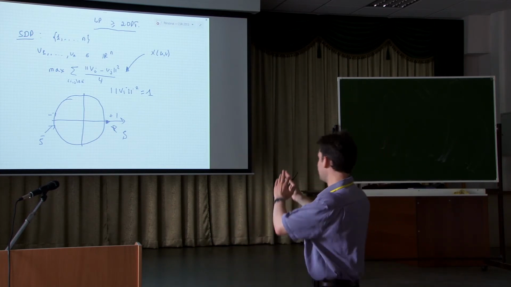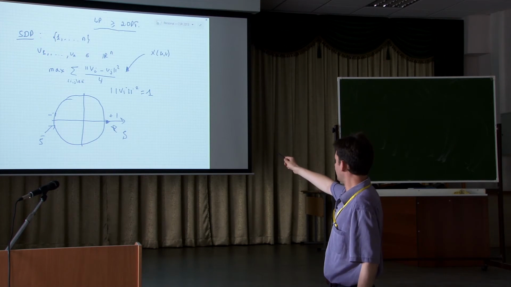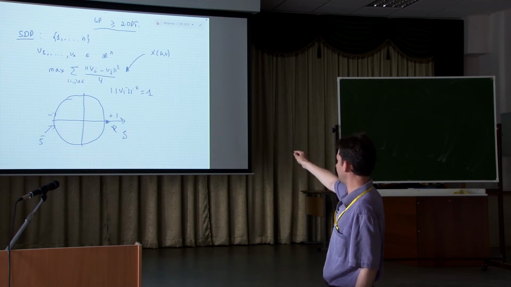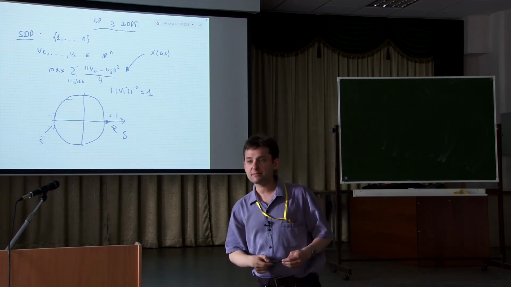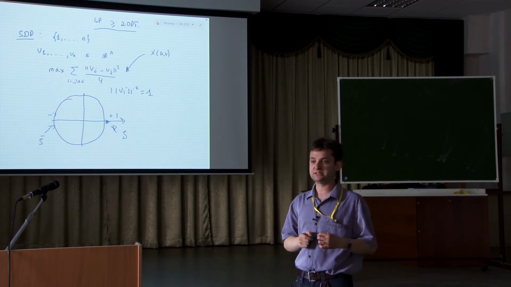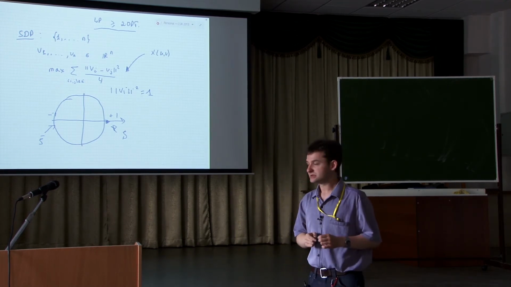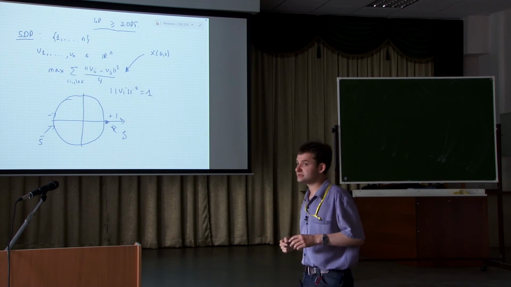If they lie in the S complement, then the value of both vi and vj is -1, and vi minus vj squared is equal to 0, right? So again, the objective function contributes 0.